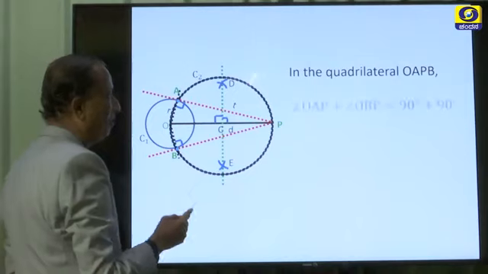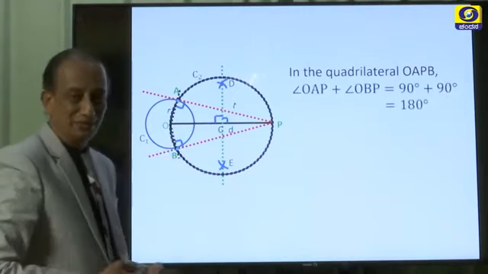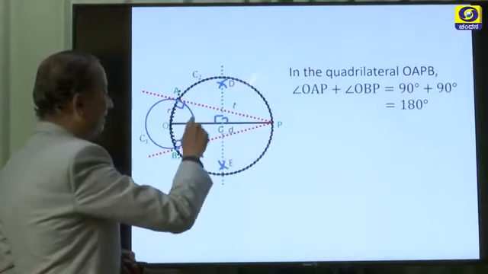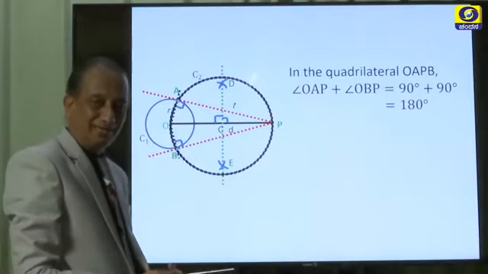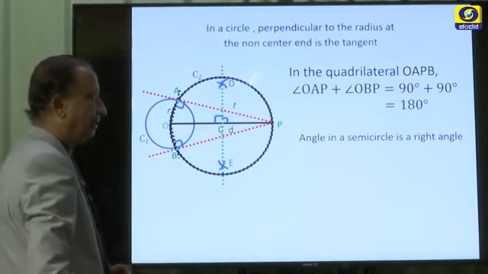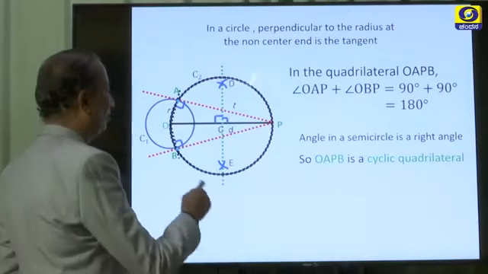If you take the sum of these two, it will be equal to 180 degrees. Don't you think so? In any quadrilateral, if the sum of the opposite angles is 180 degrees, then it has to be a cyclic quadrilateral. So, OAPB became a cyclic quadrilateral.